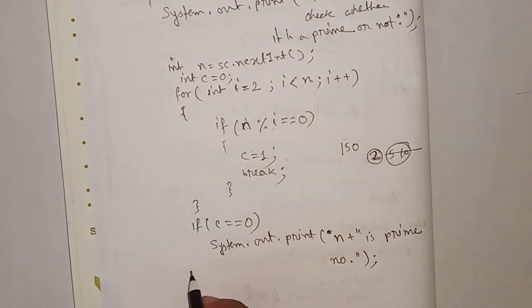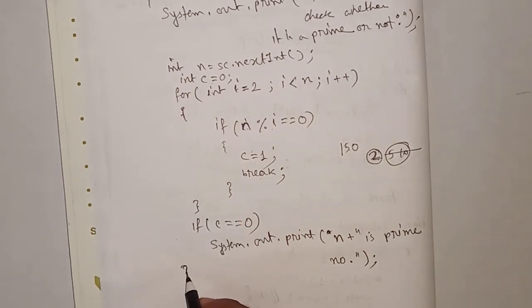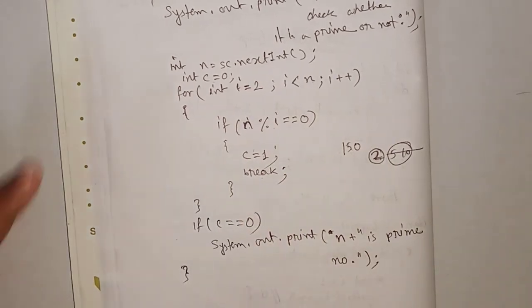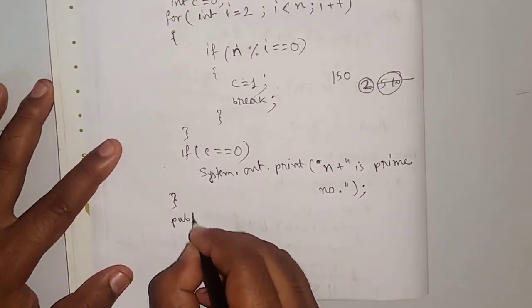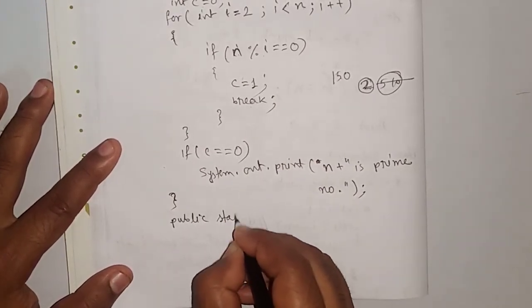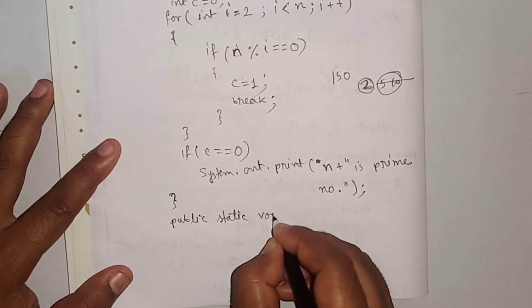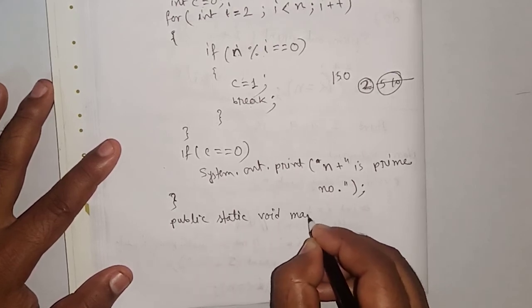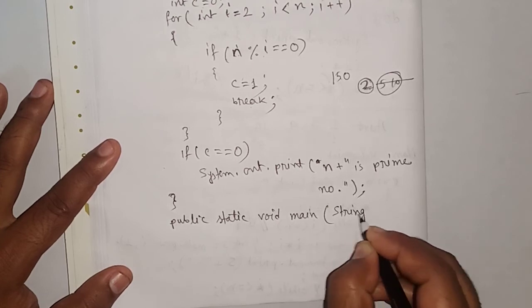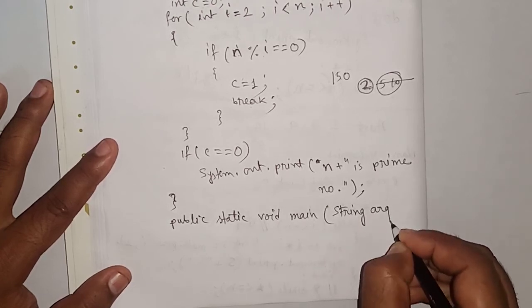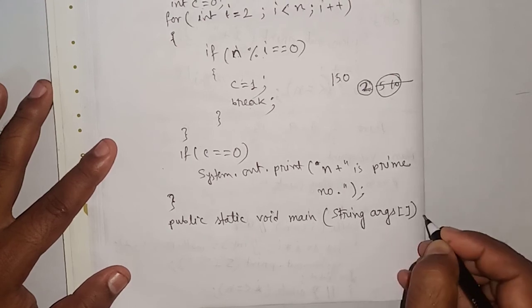Now close the method, and we write the main for creating the object. public static void main(String args).